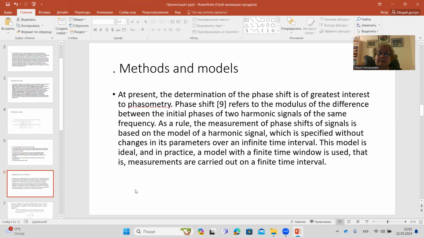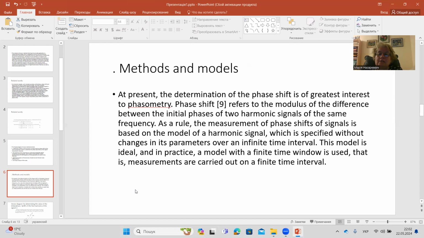The model for the determination of the phase shift is of the greatest interest in phasometry. Phase shift refers to the difference between the initial phases of two harmonic signals of the same frequency.